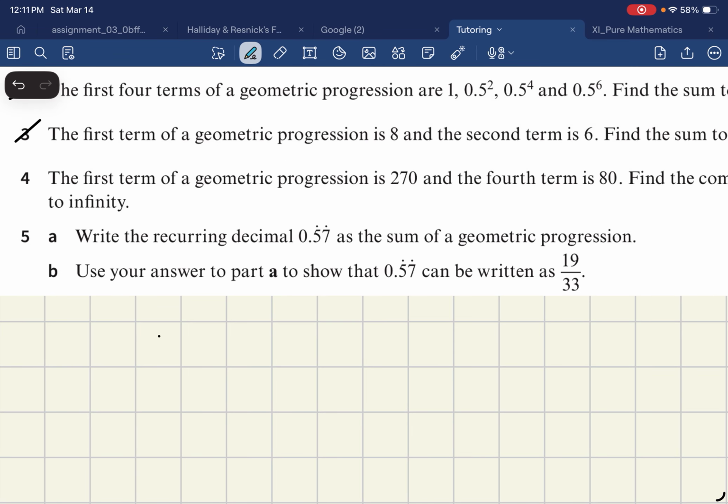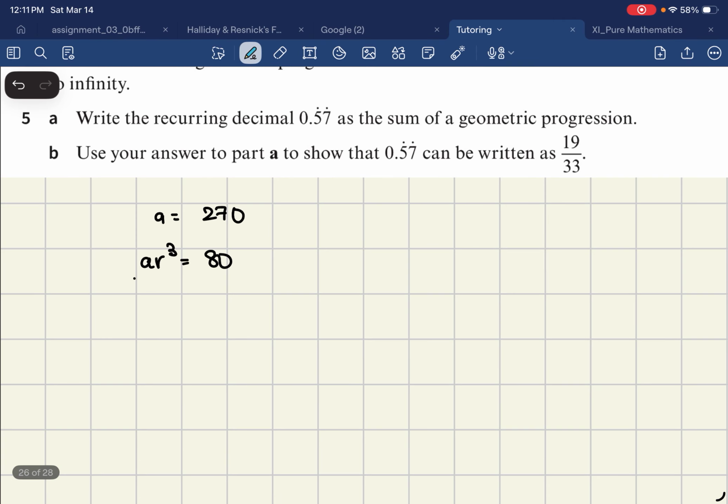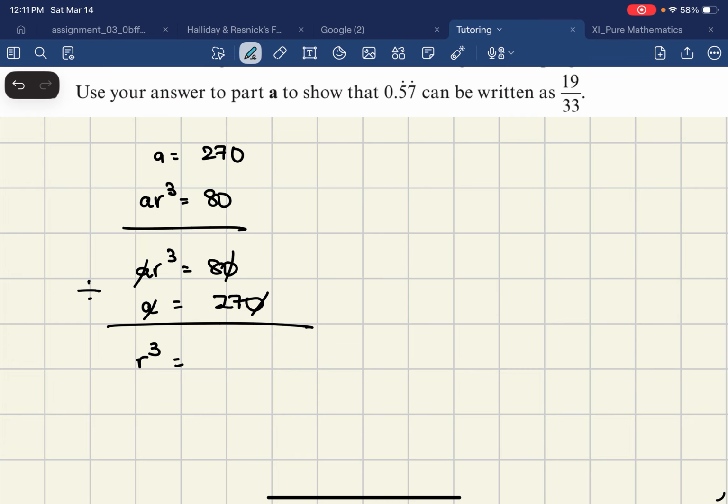So the first term is 270. AR cubed is 80, right? So this is a type of question that we've seen before. AR cubed is 80. A is 270. So we can divide. A's cancel out. I have R cubed. And 8 divided by 27, that is 2 cubed divided by 3 cubed. 27 is 3 cubed. 8 is 2 cubed.